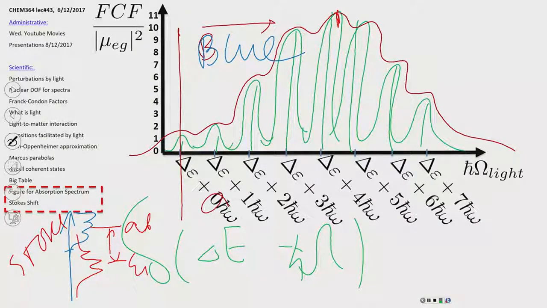Then we applied the light-matter interaction in the form of the dipole operator, used the Fermi golden rule, and obtained the result that the response of a molecule to an electric field at different frequencies will have different intensities. This profile depends on the offset of the minima of the potential energy surfaces. If there is no offset, it will be only the first line. With a larger offset, the progression will protrude further.